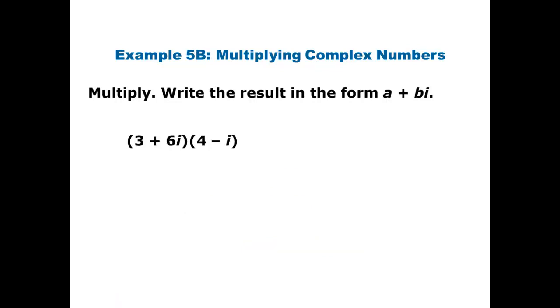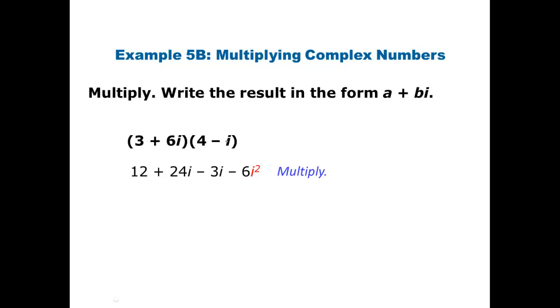Okay, for our next one, now we have two binomial terms, so we need to distribute both the 3 and the 6i. Alright, so when we do that, we get 12 from 3 times 4, and then we have 6i times 4, which is where we got the 24i from.